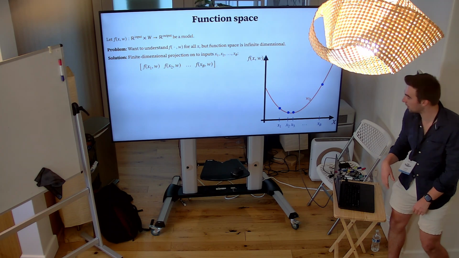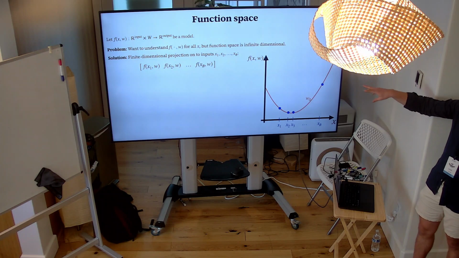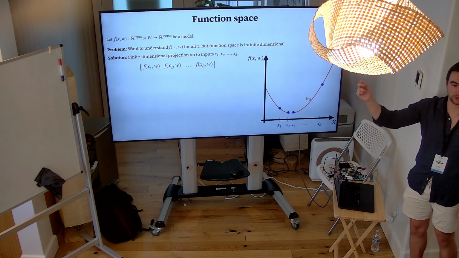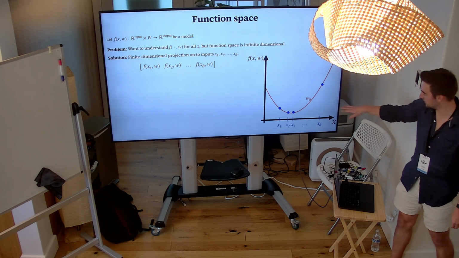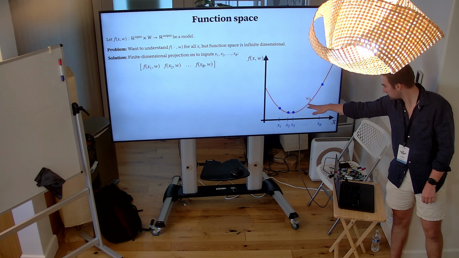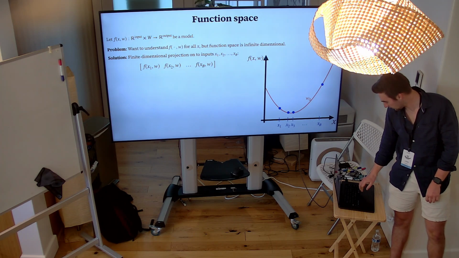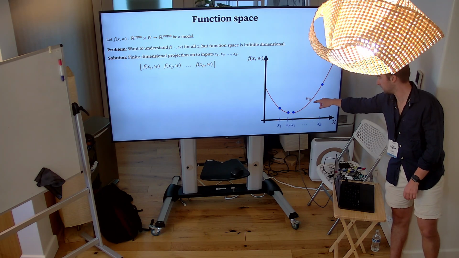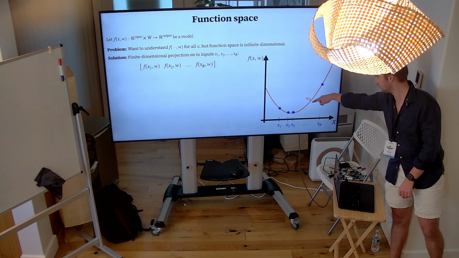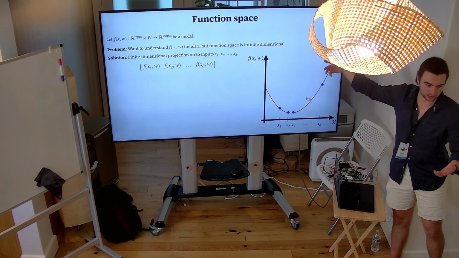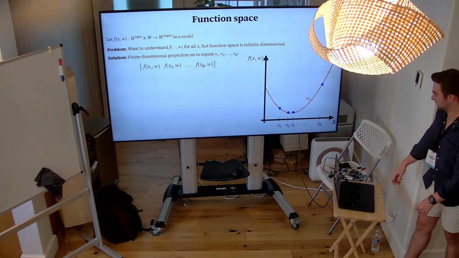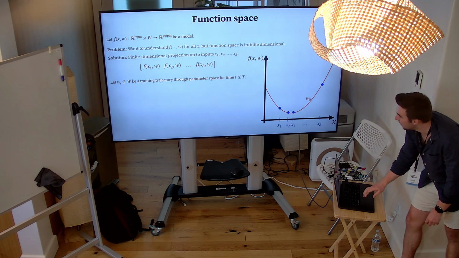We feed in a bunch of inputs, we take out a bunch of outputs. And so we can construct a vector that just consists of the various y values here. We want to understand what this curve is. We can just take some finite dimensional projection of that.